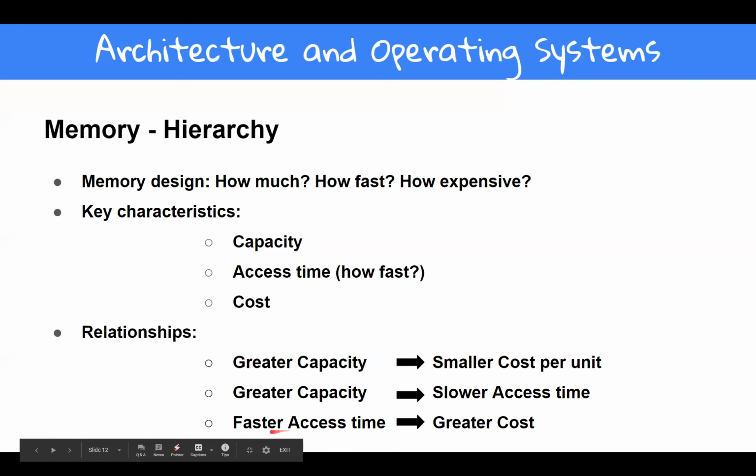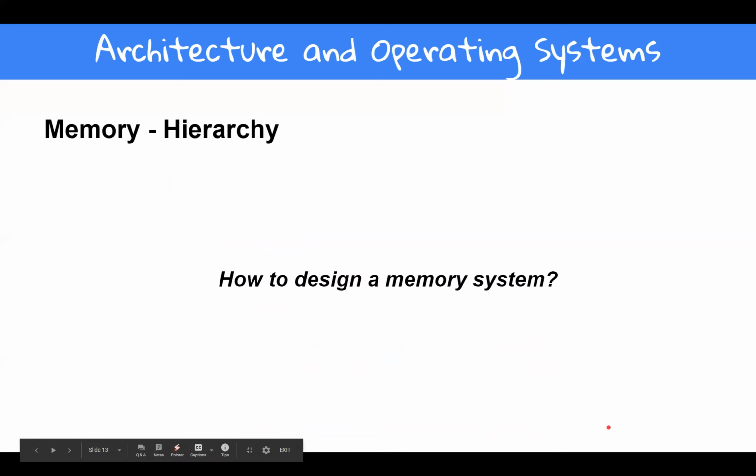So these are 3 important relationships that we need to consider in memory: greater capacity, smaller cost; greater capacity, slower access time; faster access time, greater cost. How to design a memory system? We need to combine all of these: speed, capacity, and cost.